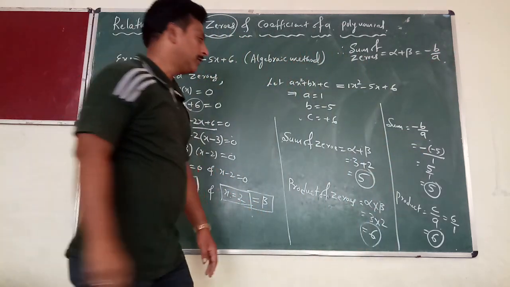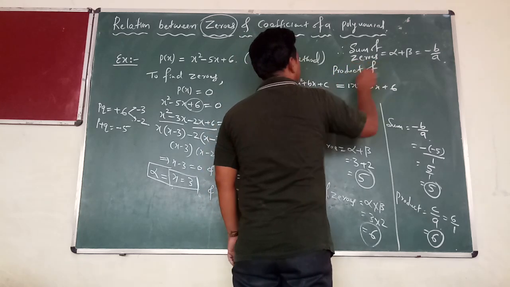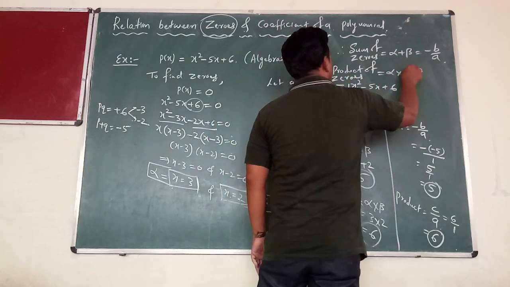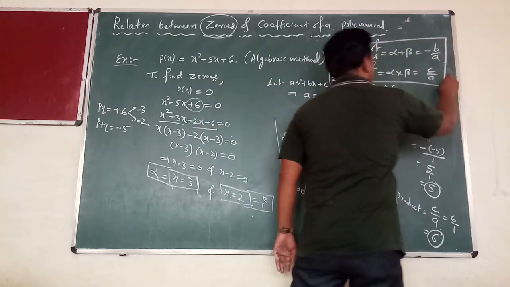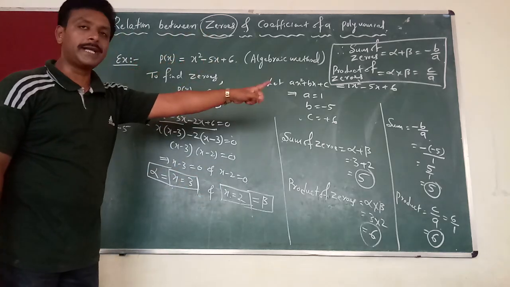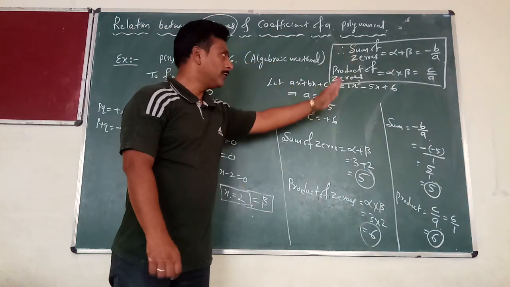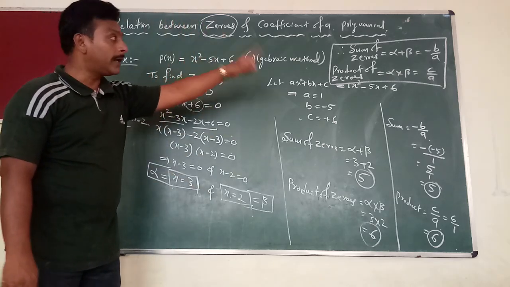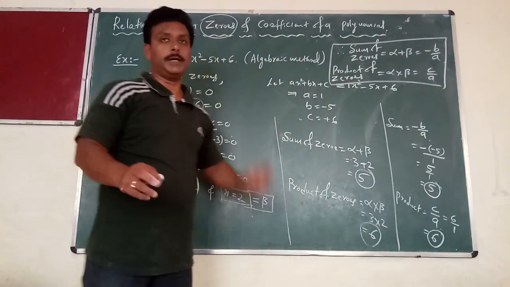This is the sum of the zeros, and product of zeros, alpha into beta, is equal to c by a. This is the relation between zeros and coefficients. Alpha and beta are zeros, and a, b, c are the coefficients of the polynomial. So this is the relation between the zeros of a quadratic polynomial and the coefficients of the quadratic polynomial.